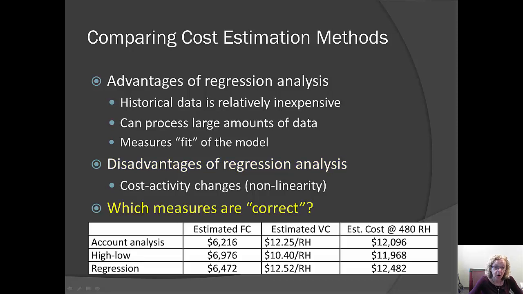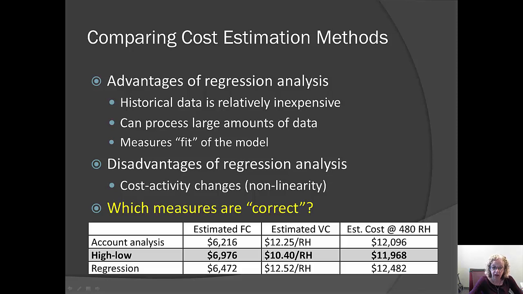So, here are the results from the 3 methods that we used to try to predict overhead costs for Charlene's computer care. This was the result that we got for account analysis.